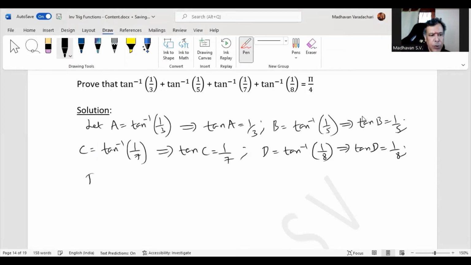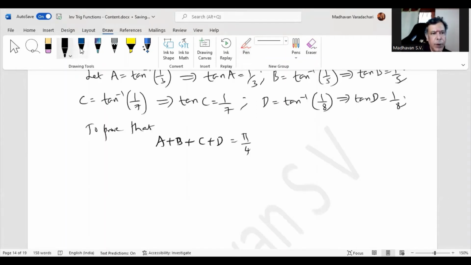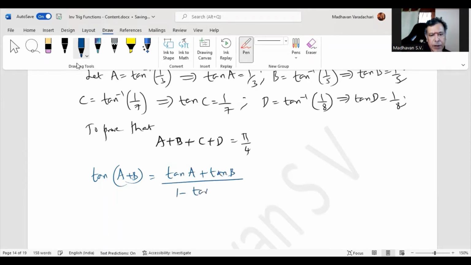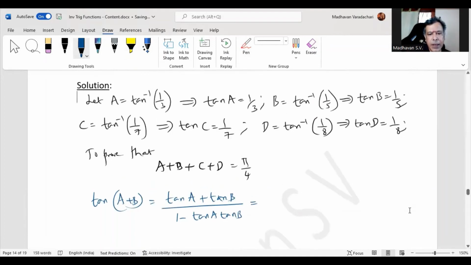So that means we need to prove that A plus B plus C plus D is pi by 4. For doing that, we will consider the following trigonometric identity, which is tan of A plus B is equal to tan A plus tan B divided by 1 minus tan A tan B. So here our tan A is nothing but 1 by 3.